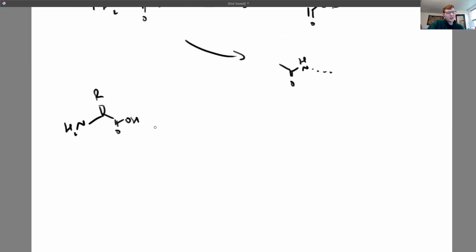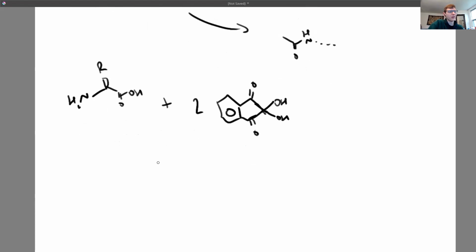And so you could take some amino acid, and I guess you need two of these things, this ninhydrin, and the structure of it is ugly, of course. Like here we go, right? And then, yeah, so apparently that's pyridine, right?